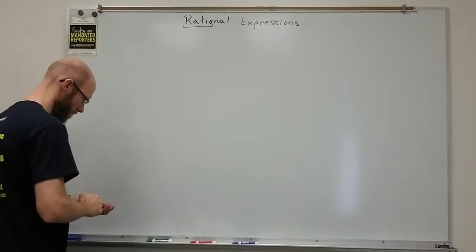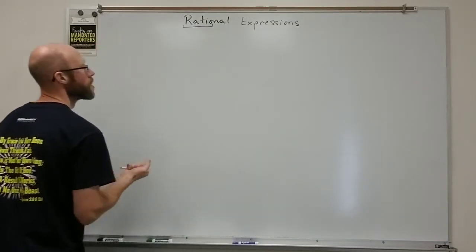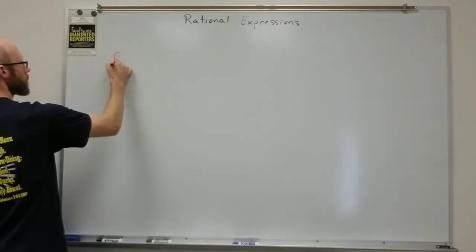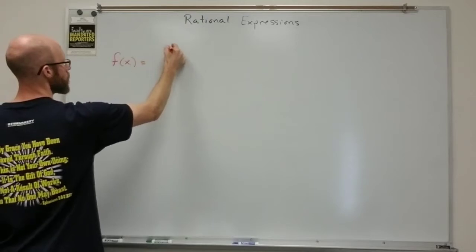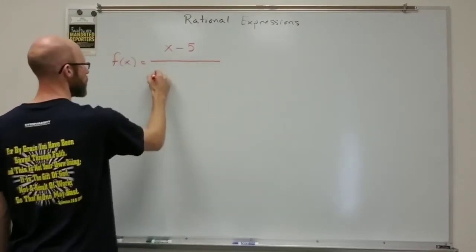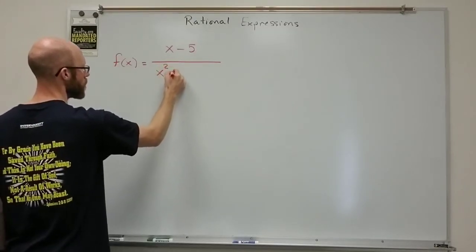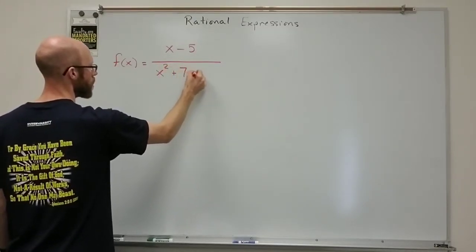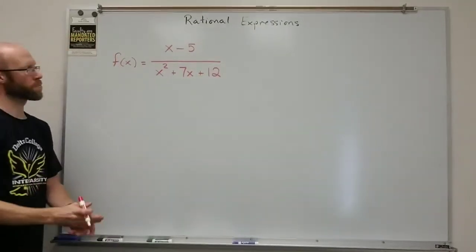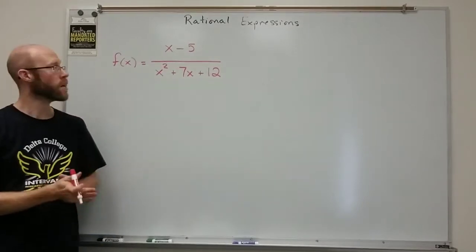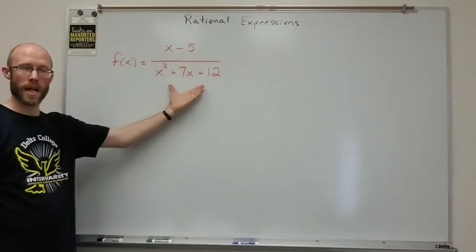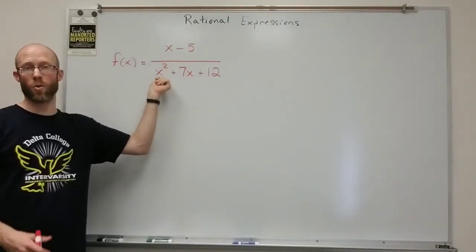So an example might be something like f of x equals x minus 5 over x squared plus 7x plus 12. In this example, my numerator is linear, my denominator has a degree 2, we call those quadratic.